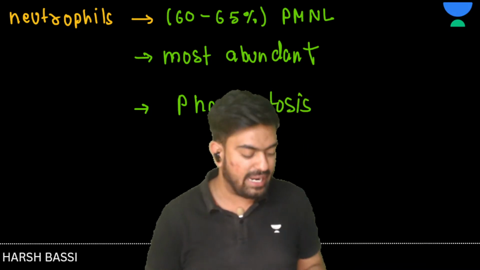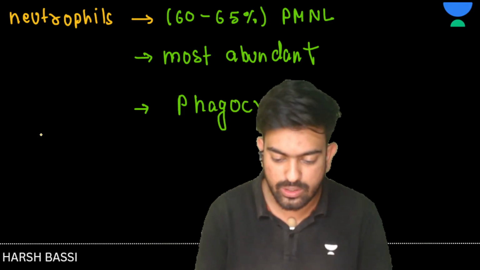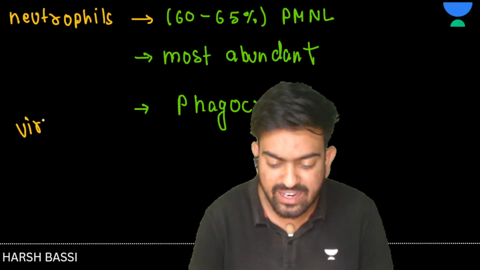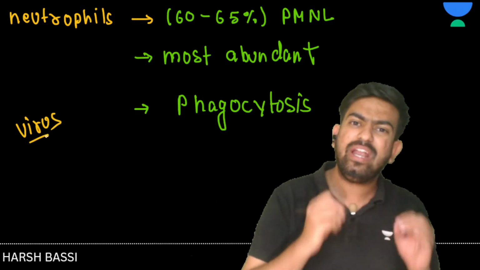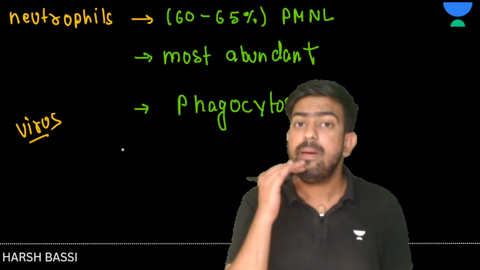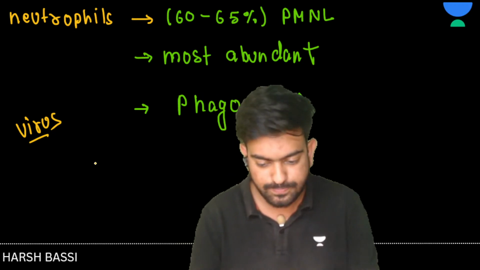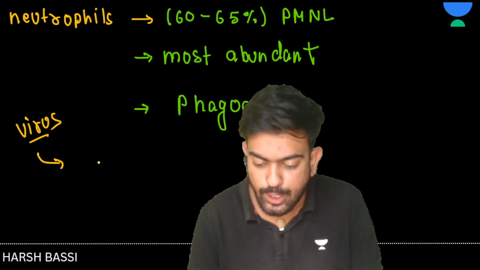See, suppose you have been attacked by a virus or a bacteria or any pathogen. What is a pathogen, sir? A pathogen is basically any disease causing organism, right? And it entered your body.